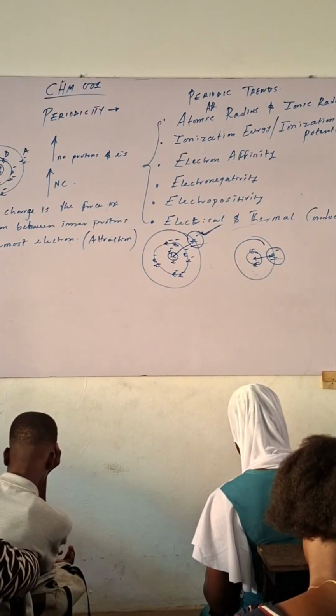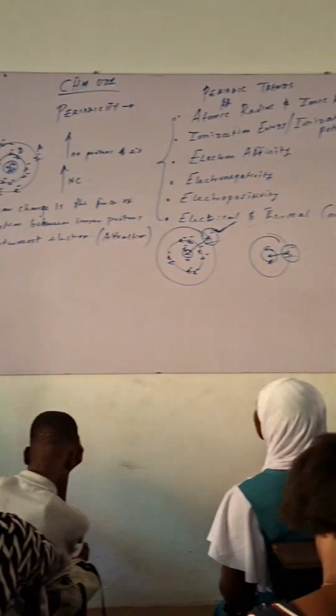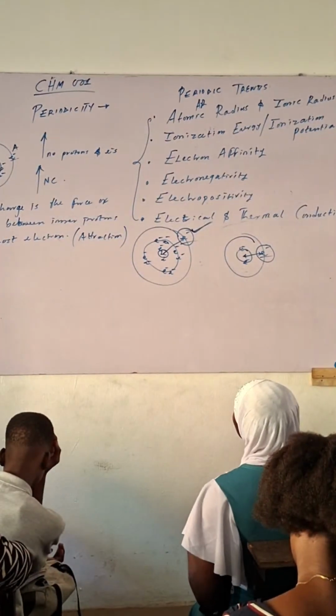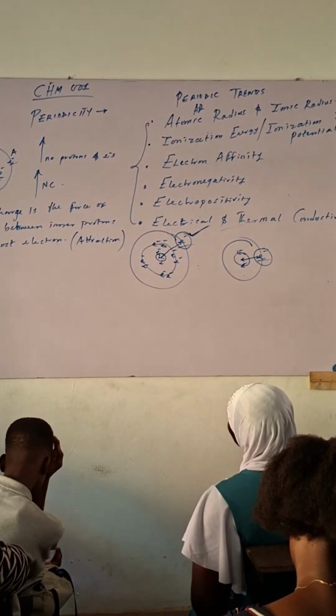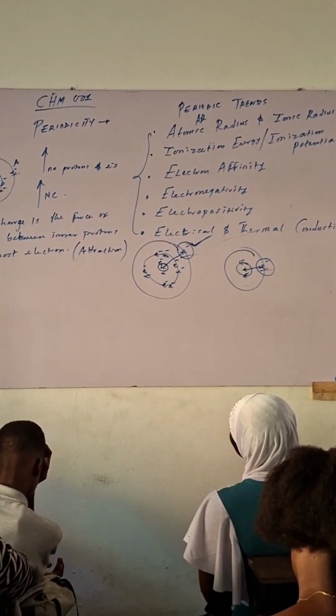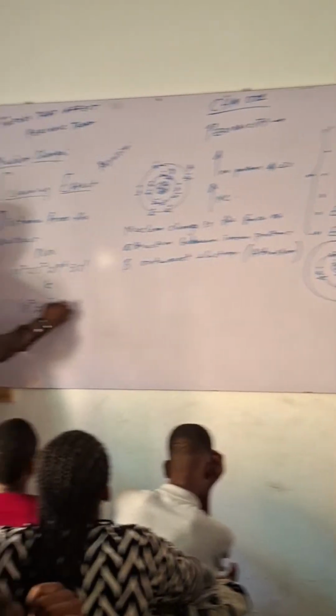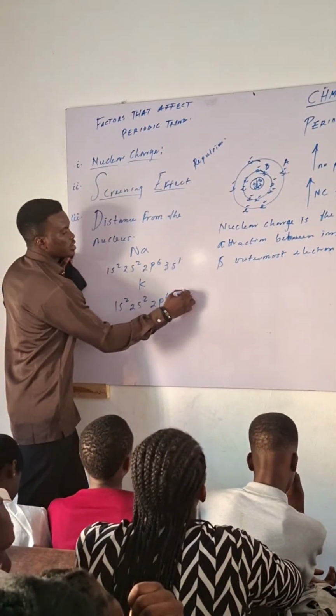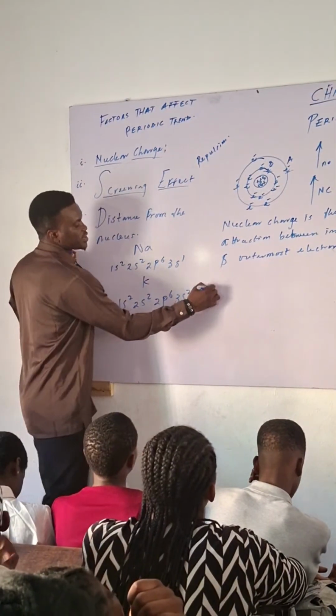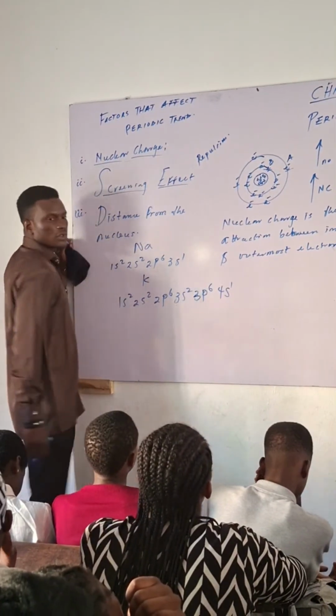Look at this guy: 1s2, 2s2, 2p6, 3s1. I want to believe we all know this guy is sodium. This guy is 1s2, 2s2, 2p6, 3s2, 3p6, 4s1.